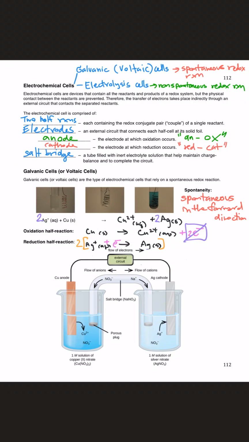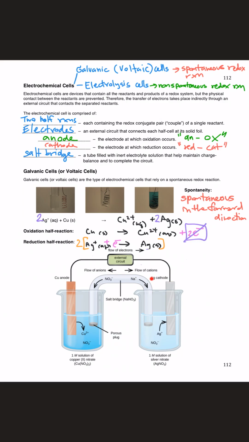So the physical contact of the 2 reactants is prevented, and you can connect the 2 half reactions by the electrode, right? So this is the electrode. Copper is part of the anode because copper is in the oxidation half reaction.